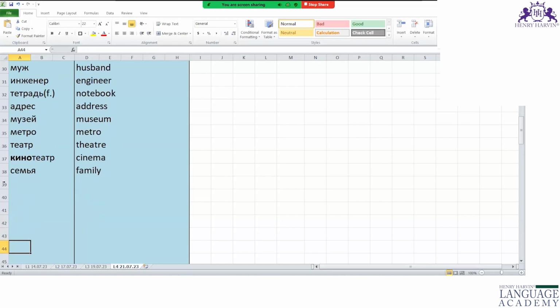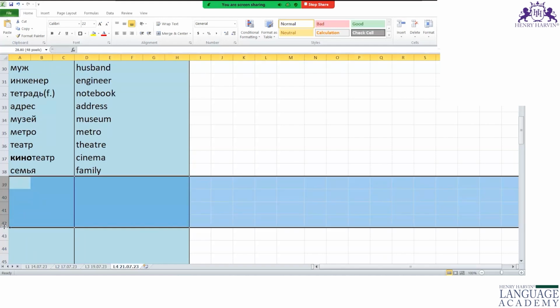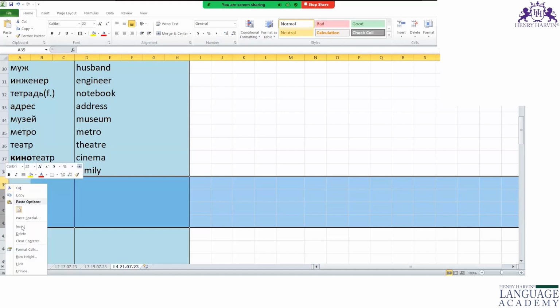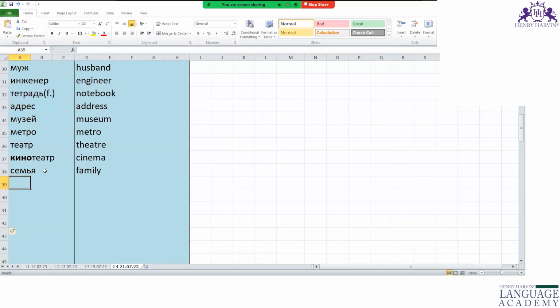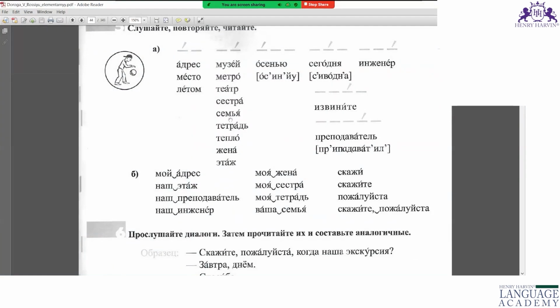I'm not sure, but maybe it came from big families. In the past, we had bigger families than nowadays. Семья, family. Моя семья, my family.